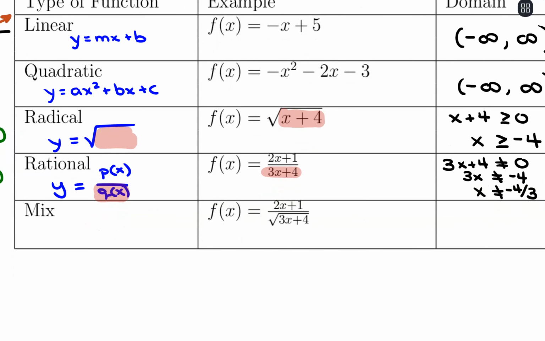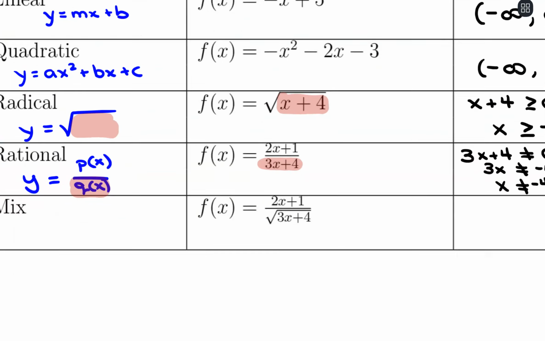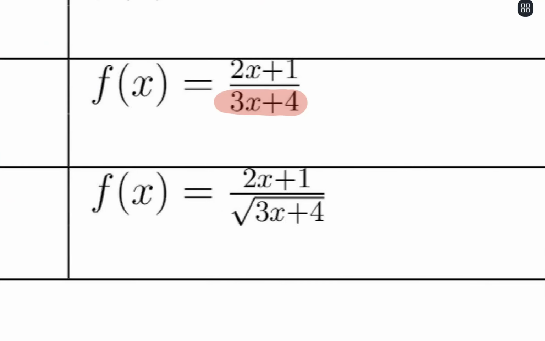With this one, we have 2x plus 1 divided by the square root of 3x plus 4. There are two pieces here. I have the radical, so the 3x plus 4 underneath the radical has to be more than or equal to 0.